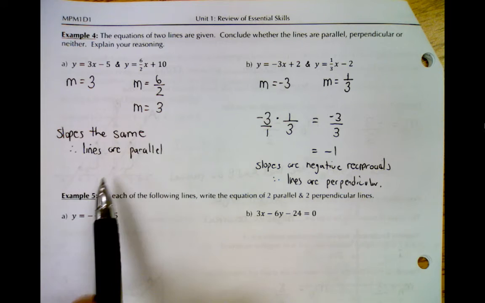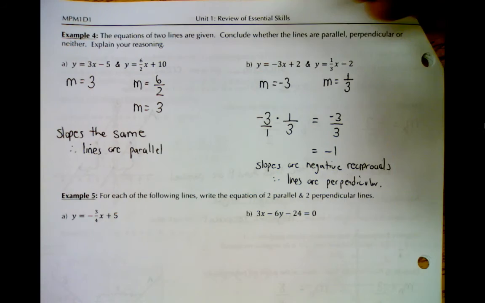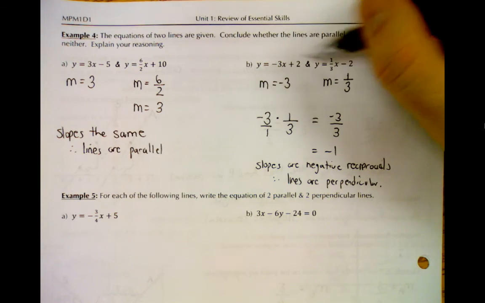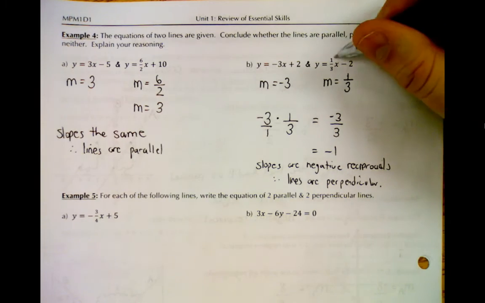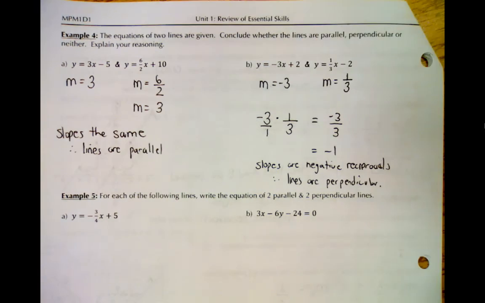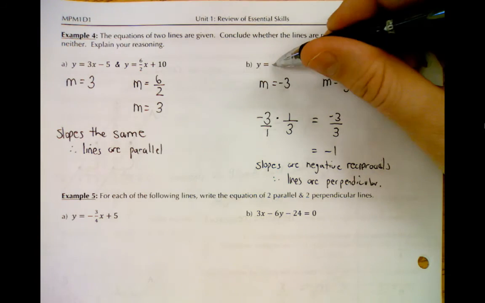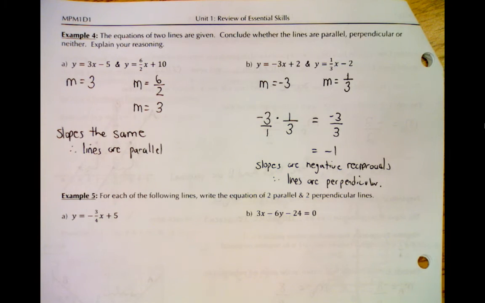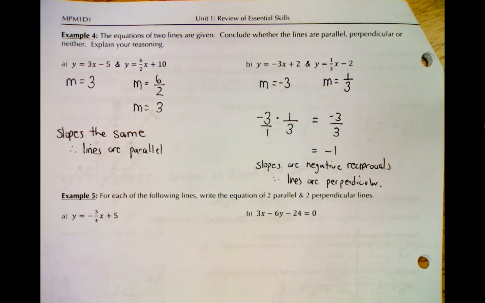If they're the same, they're parallel. If the slopes are negative reciprocals, different signs, similar fraction, 1 over 3, 3 over 1. Flipped fractions, 3 over 1, 1 over 3, opposite sign, negative, positive. That shows they're negative reciprocals, or just multiply them, and if you get negative 1, they're negative reciprocals.